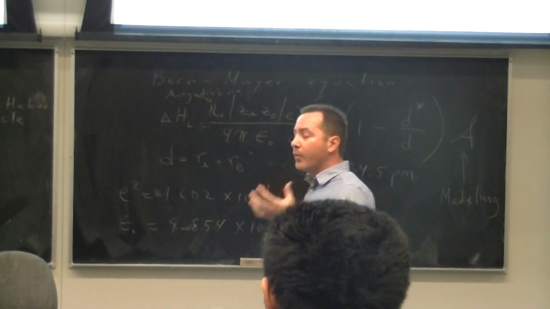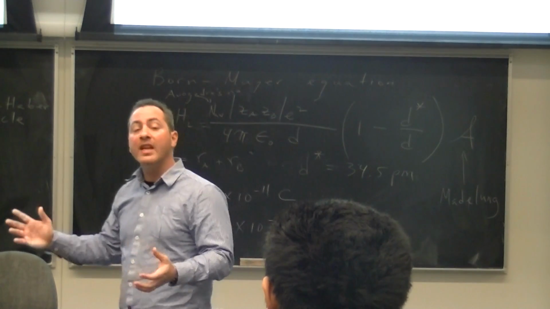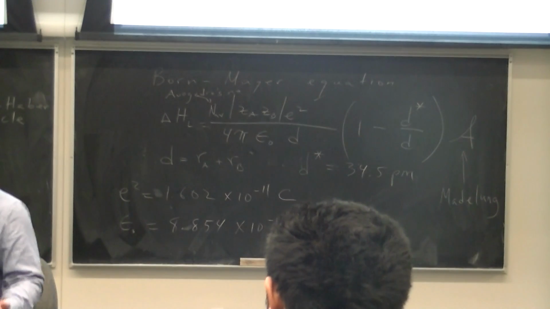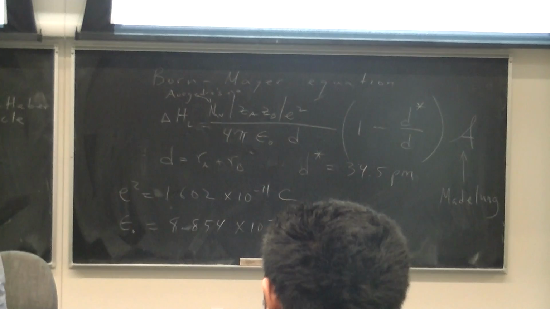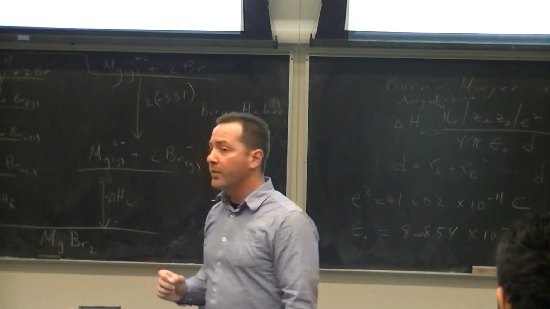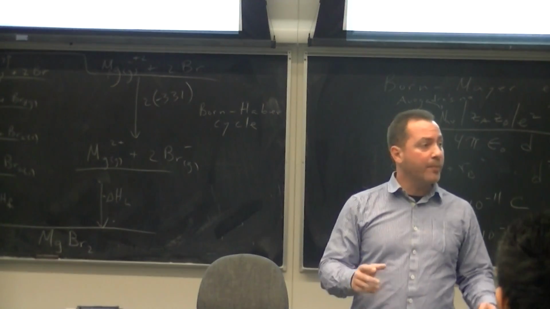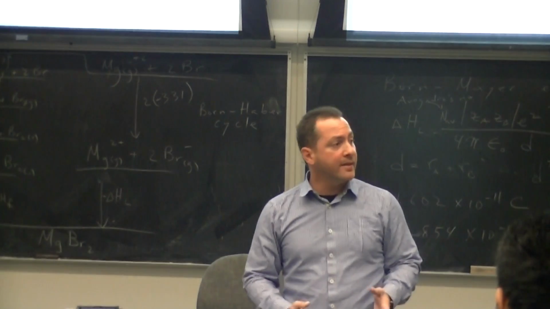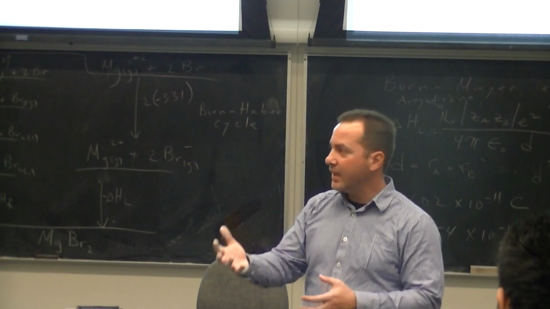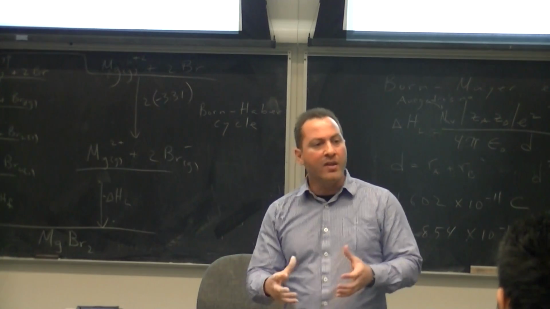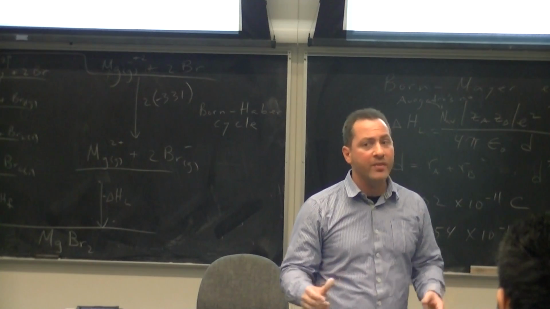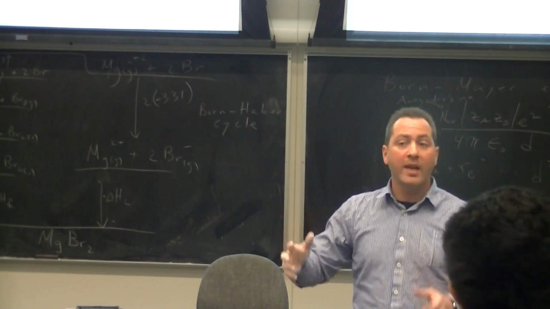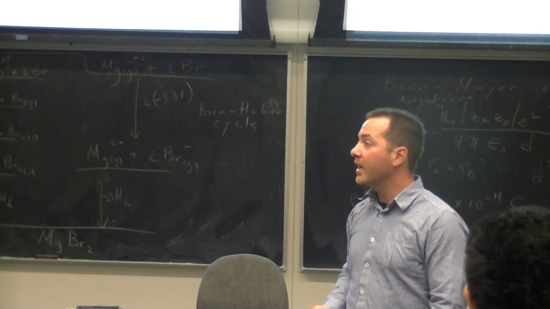So when is the Born-Haber equation going to start deviating from the real value? Well, that's going to happen when there is significant covalent contribution between the cations. So let's say, for example, that you have strongly polarizing cations in your lattice. Those lattices will tend to present some covalent contribution. When that happens, the Born-Haber equation will not be able to account for that covalent contribution. It can only account for ionic contribution.